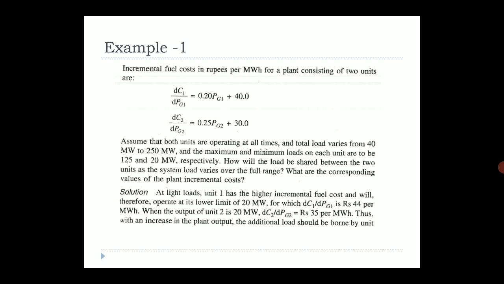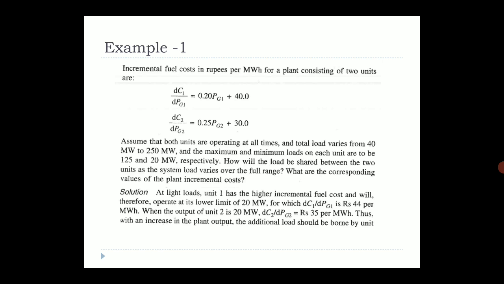Now we start with the light load, 40. Remember the load is assumed to run from 40 to 250, and both generators are to work. We cannot stop one of them.